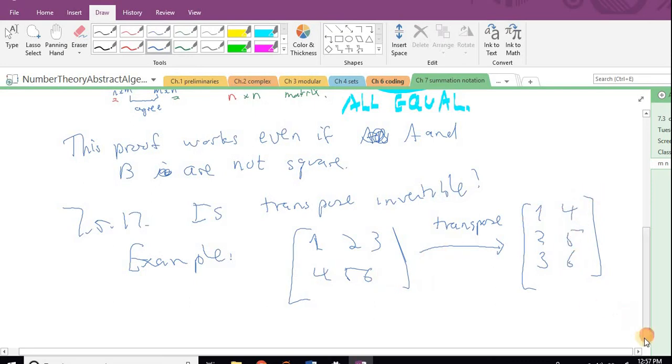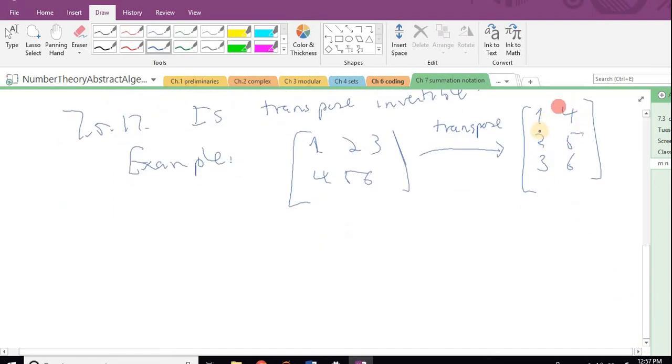Now, is there a way to go back from this matrix to the original one? Let's see if that works. If I take this matrix and take the transpose, what do I get?